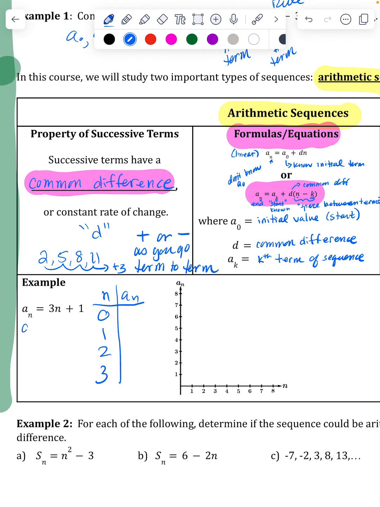Then you're just literally saying, to find the 0th term, or my initial term, I'm going to plug in 0 and I'm going to get out 1. To get the term 1, I'm going to plug in a 1 and get out a 4. When I plug in a 2, I'm going to get out a 7. And when I plug in a 3, I'm going to get out a 10.